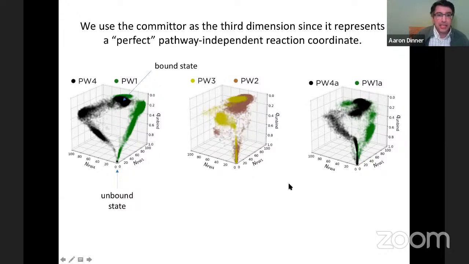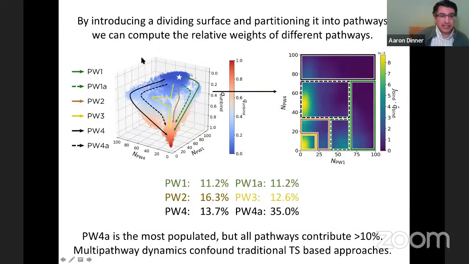brown here. And then if I just summarize all the pathways over here on the left, now with the dots colored by the committor, we can make a cut horizontally in this space around committor equals a half. And that'll give us a plane, and we can then divide up where the different pathways are cutting through.